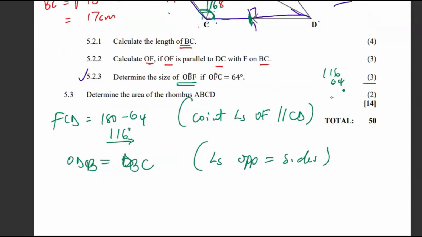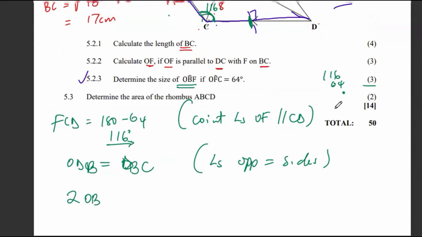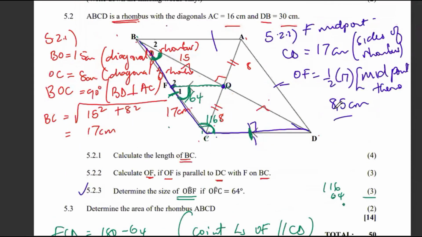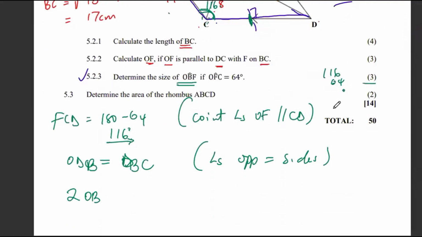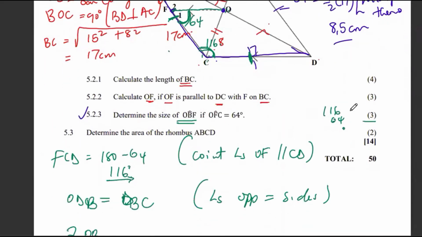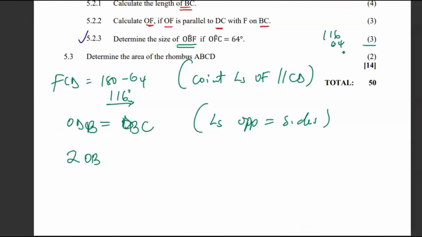Then if I have twice OBF, remember OBF, which is the same as OBC, which is the same as DBC, it's fine. Twice DBC, okay, I'll say OBF must give us 64. Then divide both sides, which means our OBF is going to be 32 degrees each.